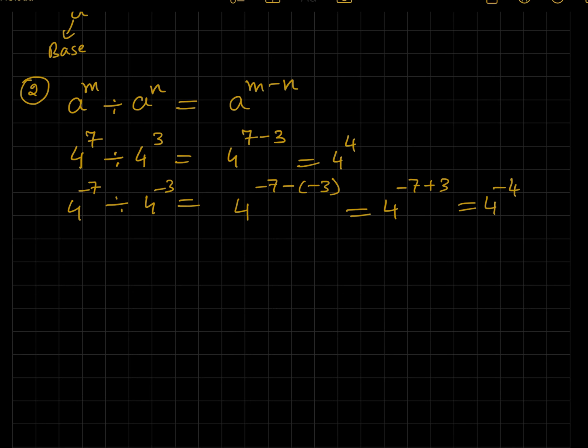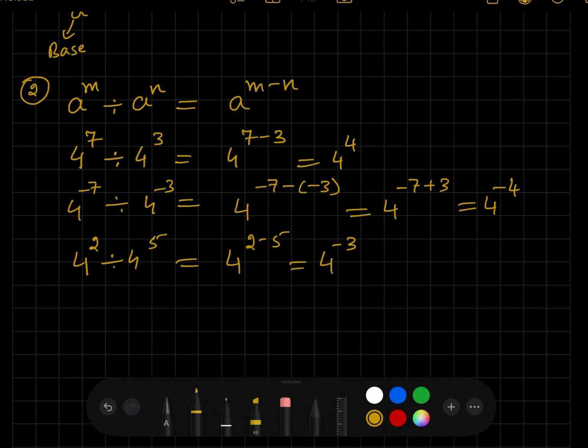Fine, this is the method we will follow. If it is like 4 raised to 2 divided by 4 raised to 5, in that case also it would be 4 raised to 2 minus 5, which is 4 raised to negative 3. Clear? This is how we solve this.